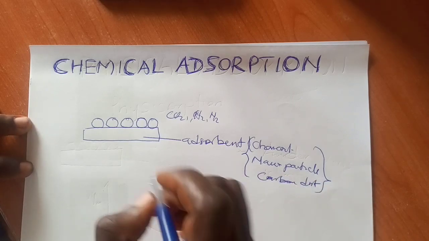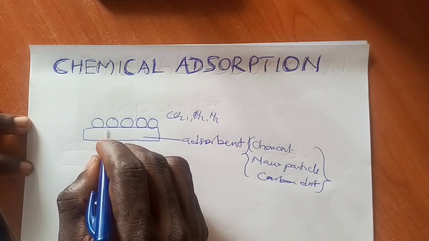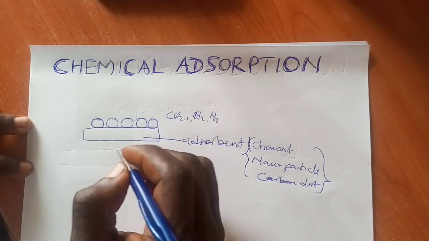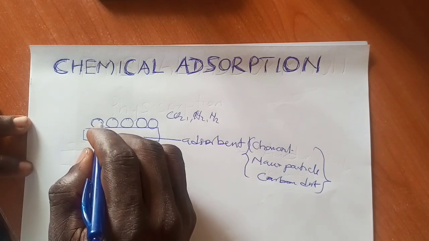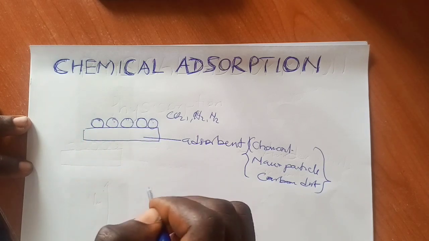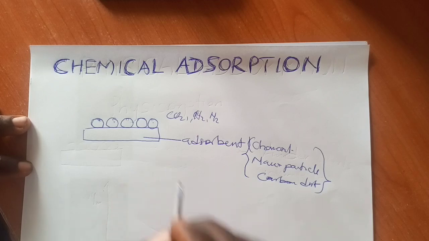Now if you have gas molecules on the surface of this solid, and they are able to form a strong chemical bond, we call it chemisorption. So when a gas molecule is held on the surface of the solid by forces similar to those of a chemical bond, we refer to it as chemical adsorption.